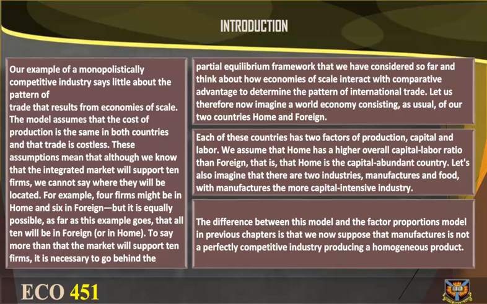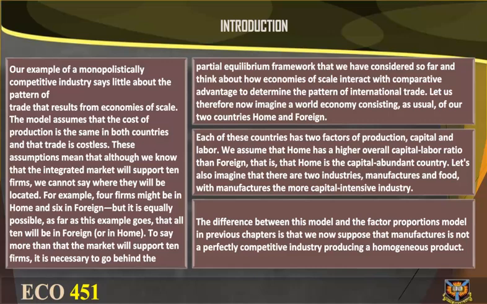Each of these countries has 2 factors of production, capital and labor. We assume that home has a higher overall capital-labor ratio than foreign, that is, that home is the capital-abundant country. Let's also imagine that there are 2 industries, manufactures and food, with manufactures the more capital-intensive industry.